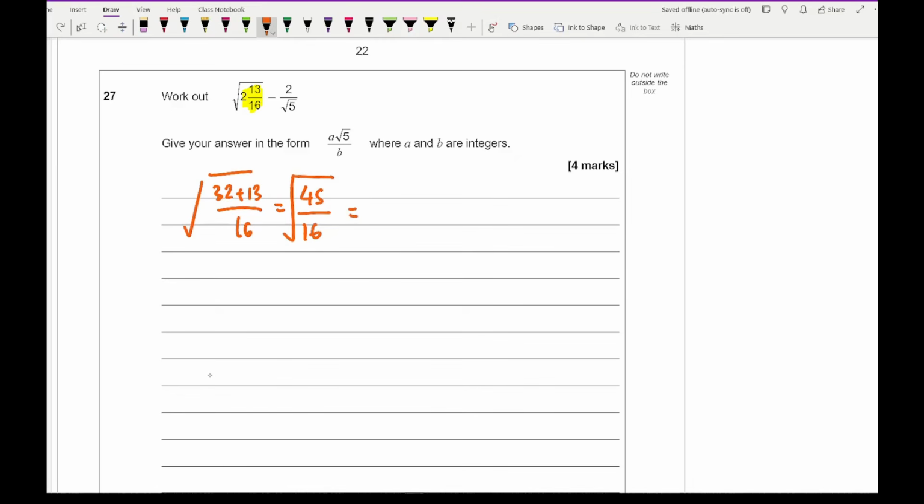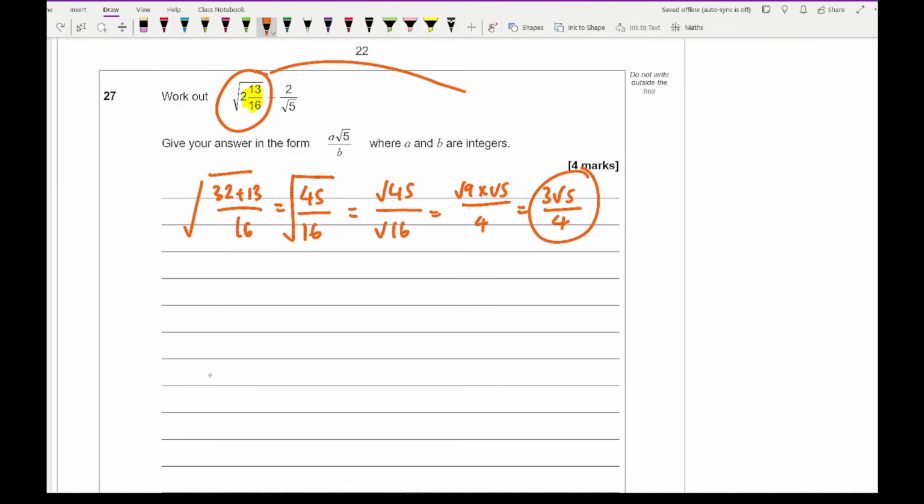Now I can write that as root 45 over root 16, which is root 9 times root 5 over 4. So that becomes 3 root 5 over 4. So I can replace this with that. So then what I've got is 3 root 5 over 4 minus 2 over root 5.